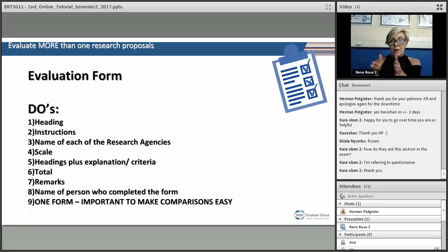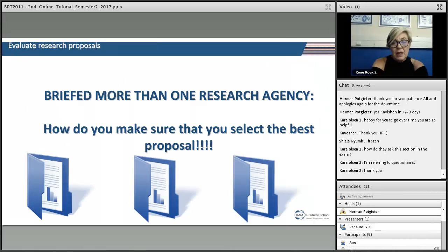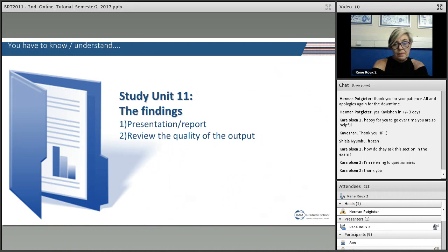There will be a column for each research agency with their name and the scale that you will use, and then the headings like the understanding of the research problem, the research objectives, the methodology, the cost, the timing, any special requirements like you're looking for innovation or reporting, etc. So that must be in your evaluation form.